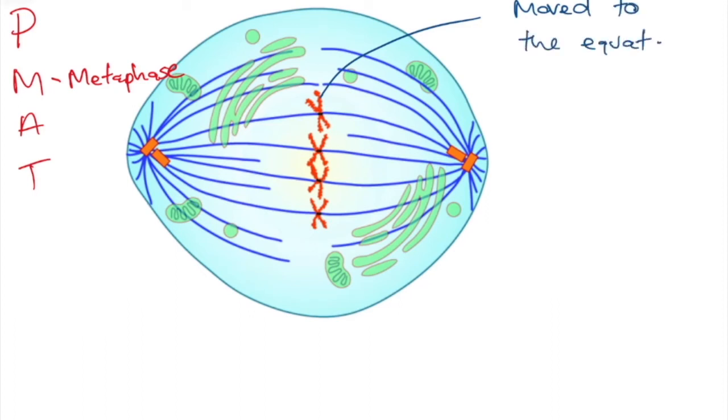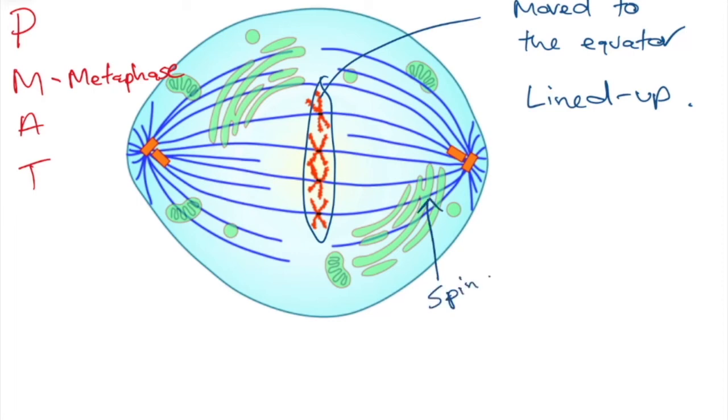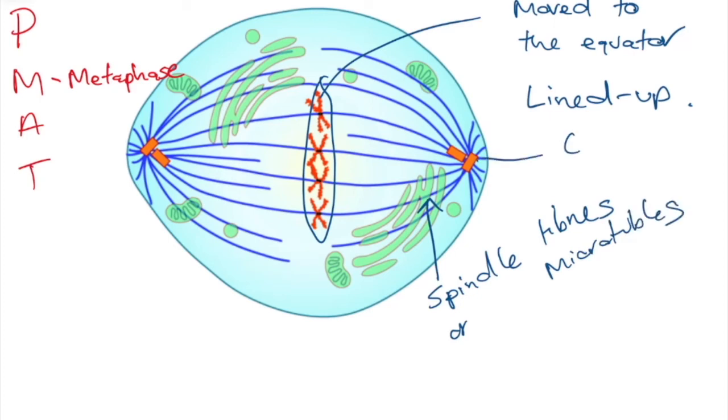And because they're all lined up, we say that they have lined up on the equator, and we can see these fibres, these are spindle fibres, or spindle microtubules, which have grown out from the centrioles, which are at the poles of the cell.